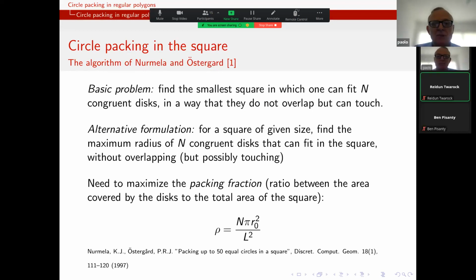Okay, so the basic problem in circle packing in the square is: find the smallest square in which you can fit n congruent disks in a way that they can touch but they cannot overlap.